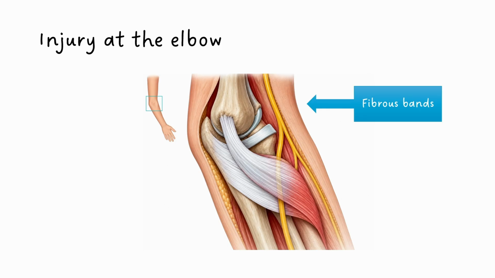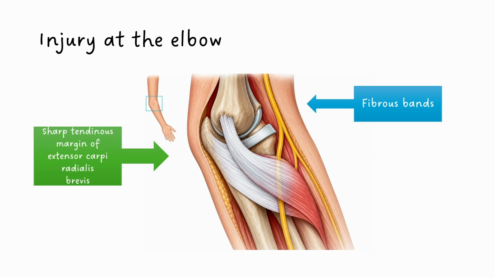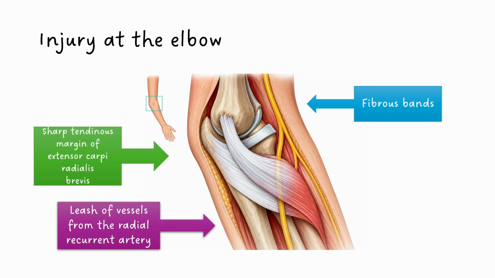Then the sharp tendinous margin of extensor carpi radialis brevis can also compress the radial nerve at the elbow. Then a leash of vessels from the radial recurrent artery can also lead to compression of the radial nerve. The radial nerve can also be compressed by the arcade of Frohse, which is a fibroaponeurotic proximal edge of the superficial part of the supinator muscle.